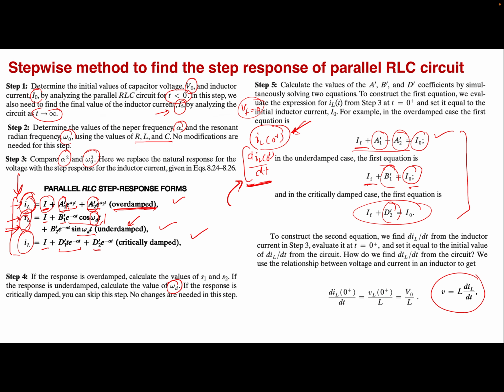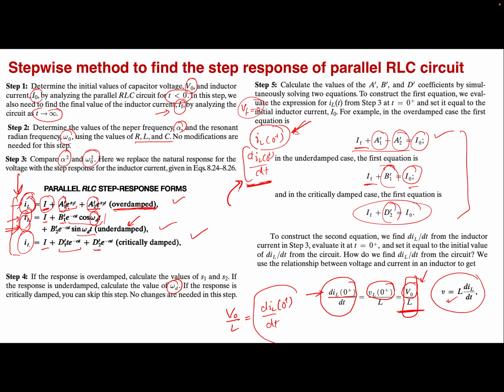So practically, if you were to convert it, you get V over L, dIL at 0 positive over dt, which is v at 0 positive over L, and v at 0 positive is v naught. So you get v naught over L, and v naught is the initial condition of the capacitor, or the initial voltage stored in the capacitor. You are going to equate this v naught over L to dIL by dt at 0 positive.